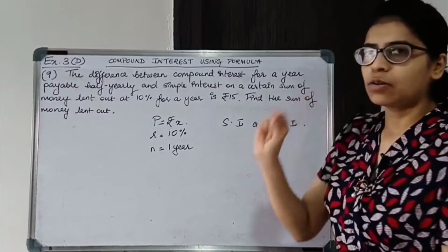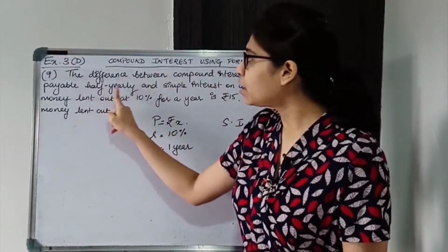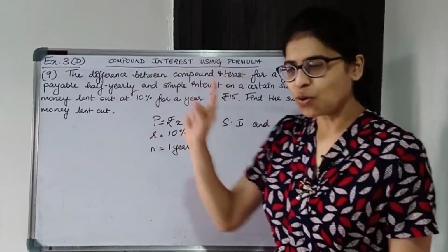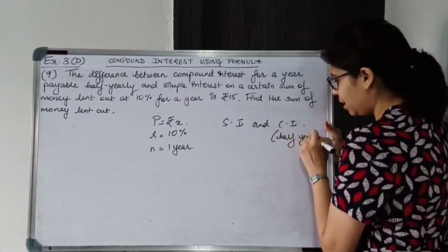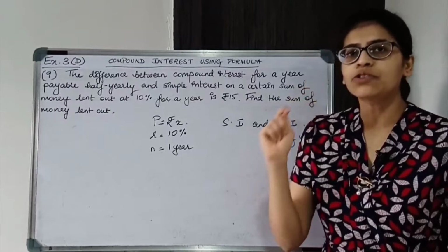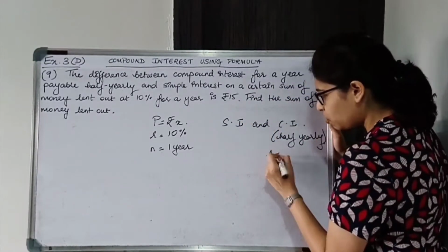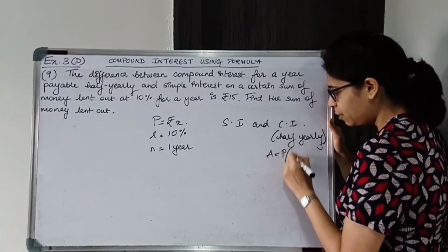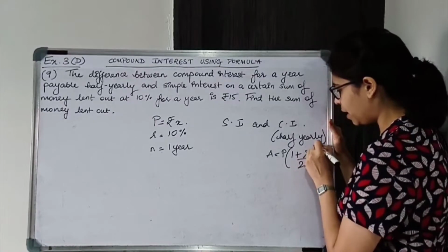Okay, now one thing, compound interest for a year payable half yearly. So compound interest is calculated half yearly. When the compound interest is calculated half yearly, the formula of amount will be P into (1 plus R upon 2 into 100) raised to N into 2.